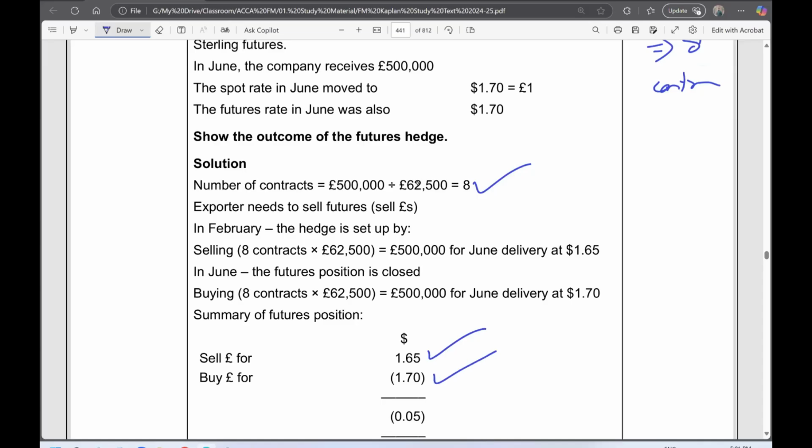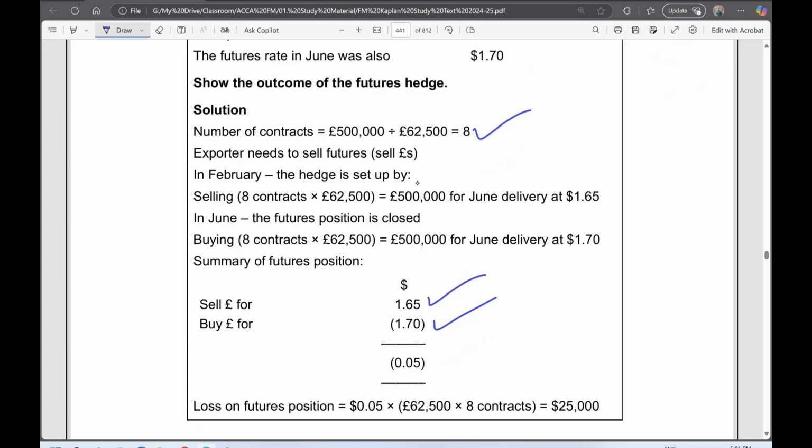So rate is 1.70. So I sell at 1.65, I mean I sell at a cheaper rate, I buy at a higher rate. That is my loss. But this is a loss per contract. I multiply with my contracts, 8 contracts, and multiply with the contract size.